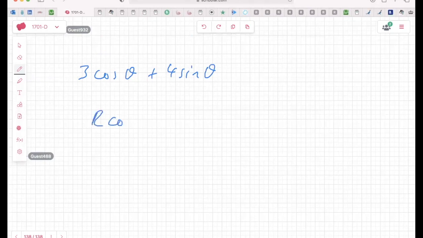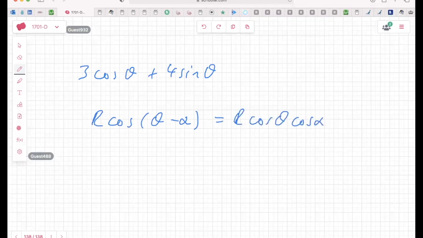So r cos theta minus alpha will equal r cos theta cos alpha minus r sine theta sine alpha. Again, we're going to compare coefficients. So 3 will be r cos theta. So r cos theta is 3.